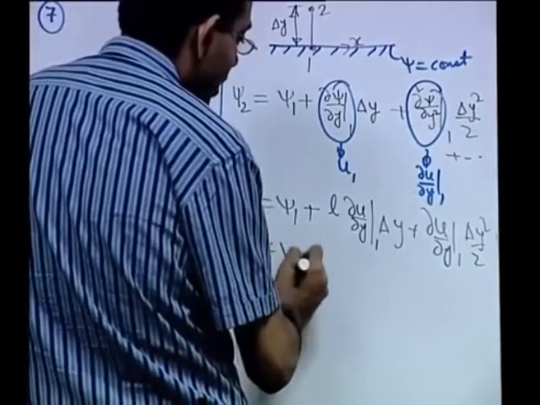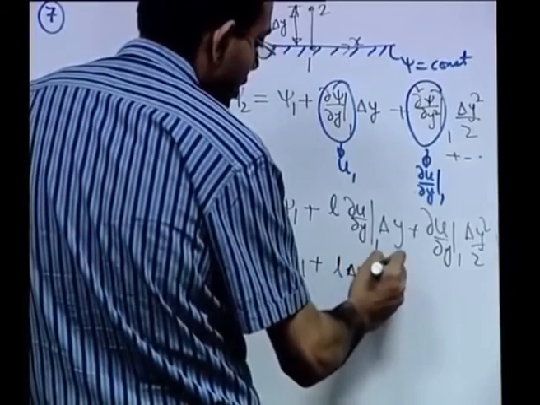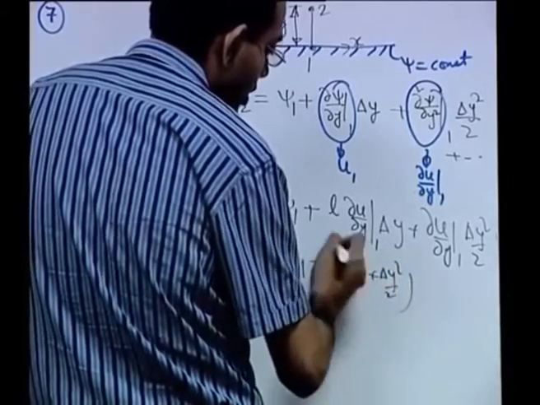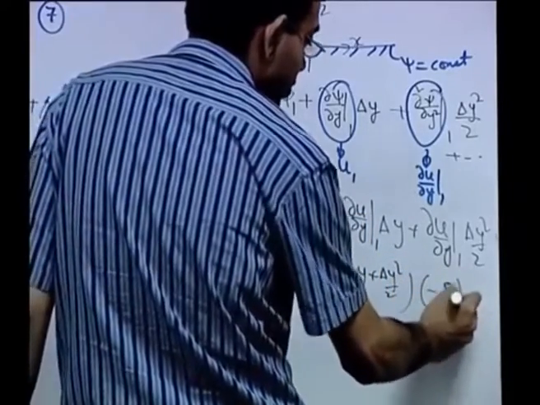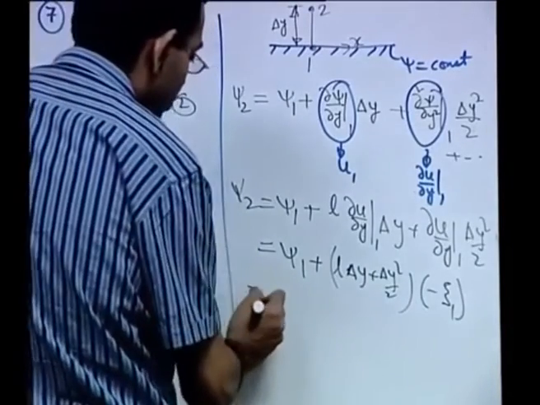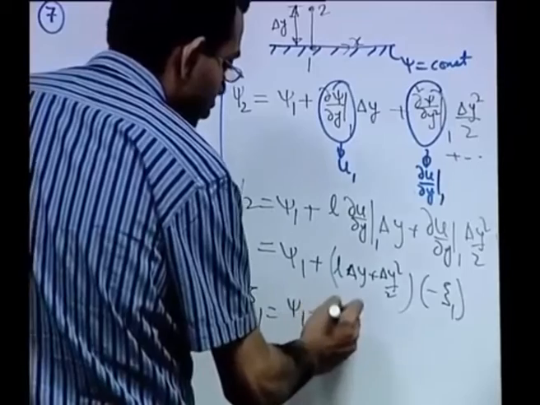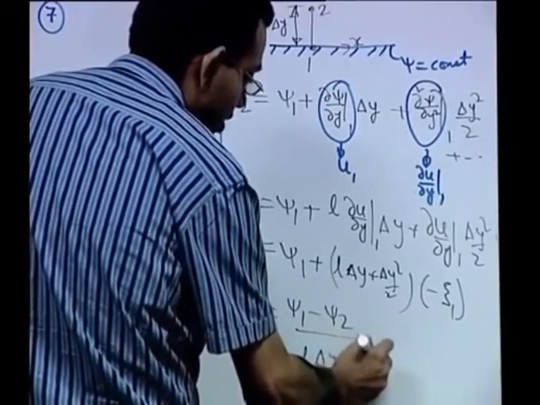So, it is equal to psi 1 plus L delta y plus delta y square by 2 into du dy at 1, which is equal to minus zeta at 1. So, zeta at 1 will be psi 1 minus psi 2 by L delta y plus delta y square by 2.